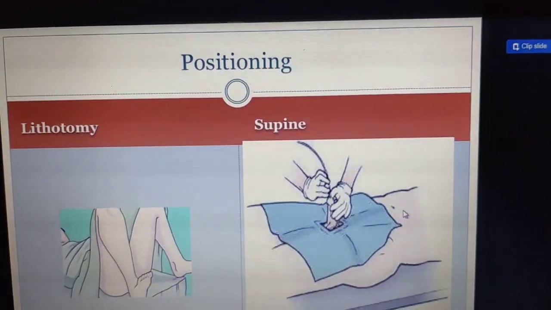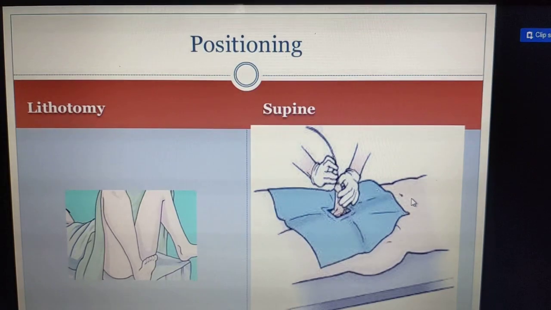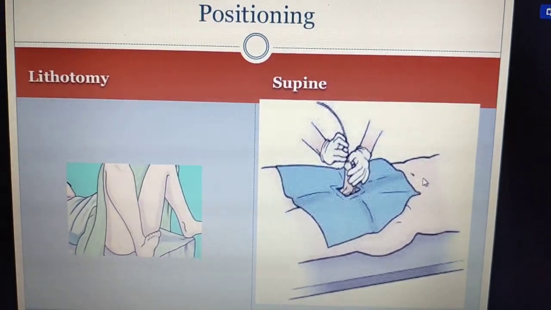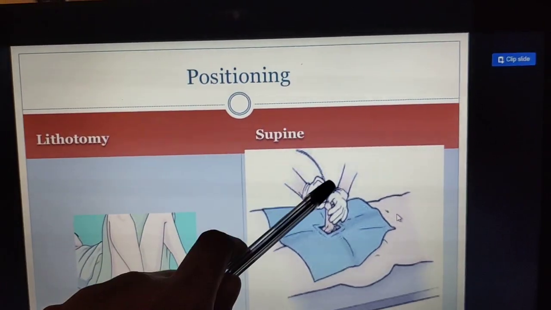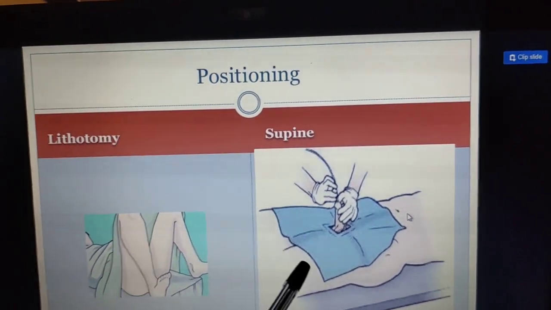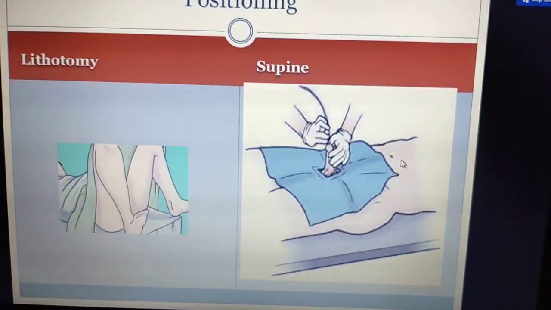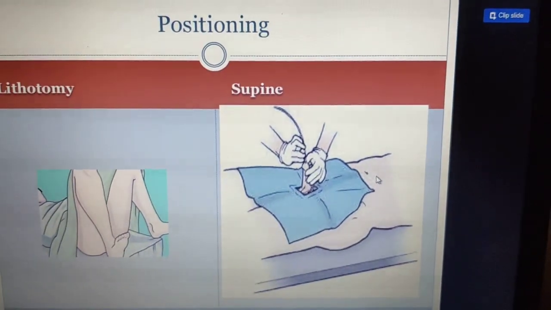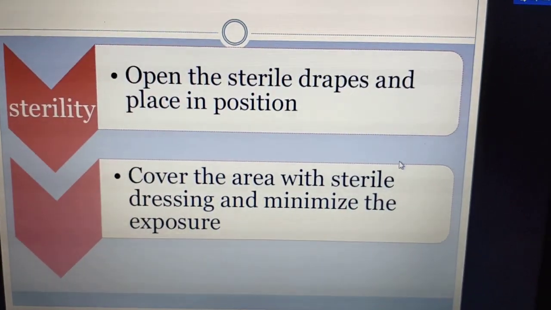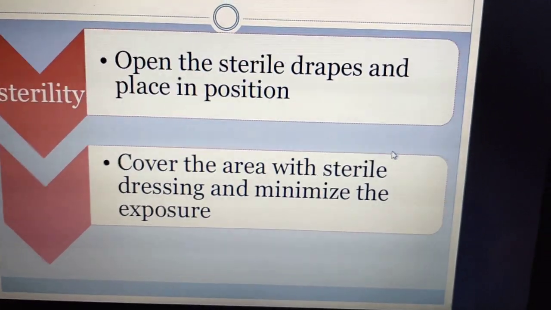Okay, make sure once. And after hand washing, you should tell the patient to sit in the lithotomy position or in the supine position. This both positions we are giving for the catheterization. This is lithotomy and this is supine. So open the sterile drapes and place in the position like this.